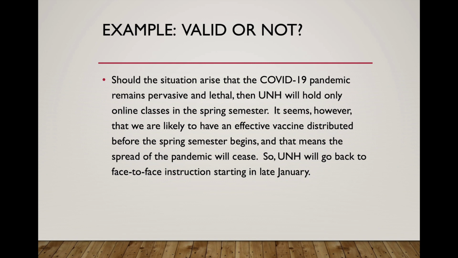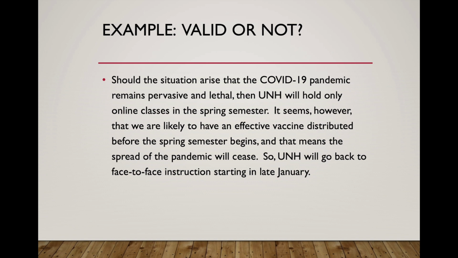And so we know it refers to the antecedent. And then the next question is, does it affirm or deny the antecedent? So the antecedent here is the COVID-19 pandemic remains pervasive and lethal. But the second premise tells us the pandemic will cease. So that's a denial of the antecedent.